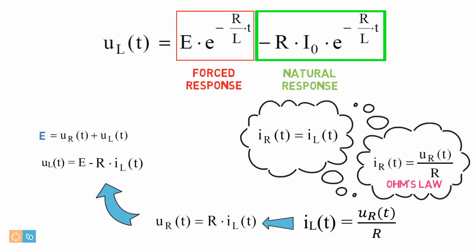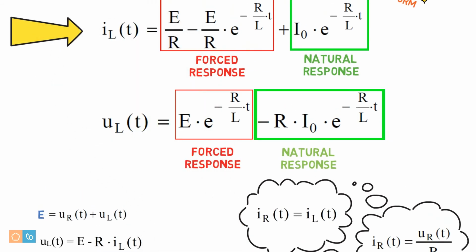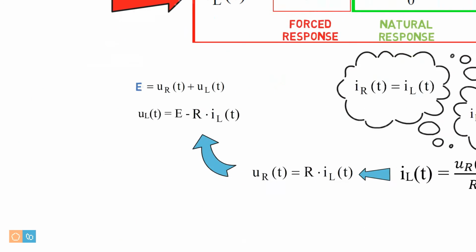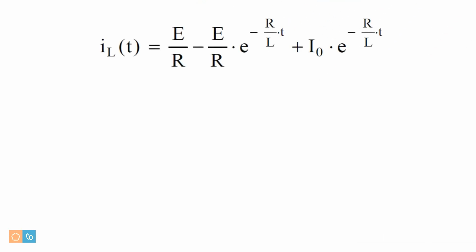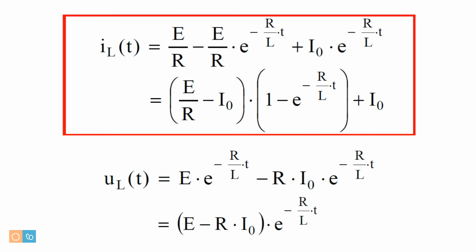Ultimately, by replacing IL with the equation we saw above, this one, we get our final expression, which is this one. Cutting things short, these are the equations that translate the total response of a first-order RL circuit.